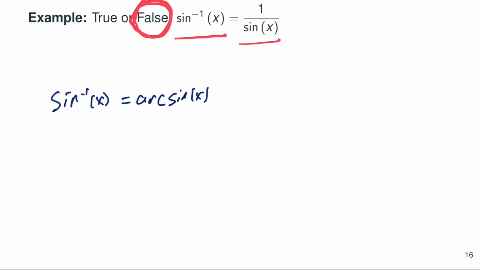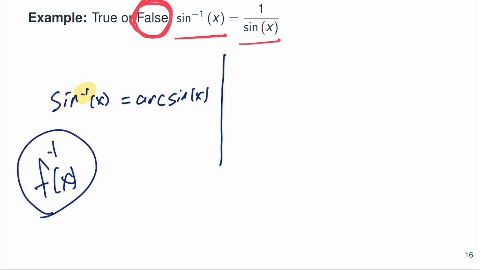So this is just to highlight that this negative 1 power is not 1 over something. Okay. For trig functions, the notation is different. Or if you see any notation that's f of negative 1, this means the inverse function of any kind. 1 over sine x, we know that 1 over sine x is the same as what? Cosecant, right? So they're not the same thing. So be careful with the notation.